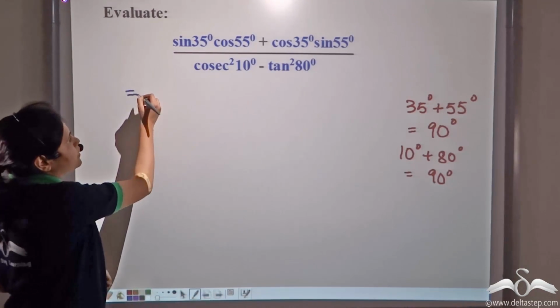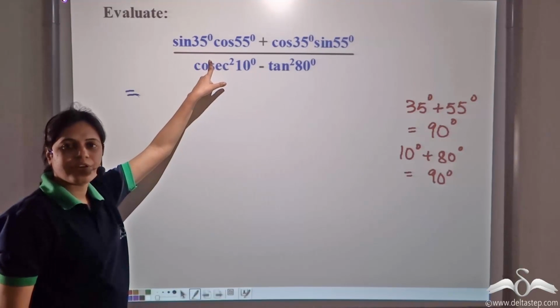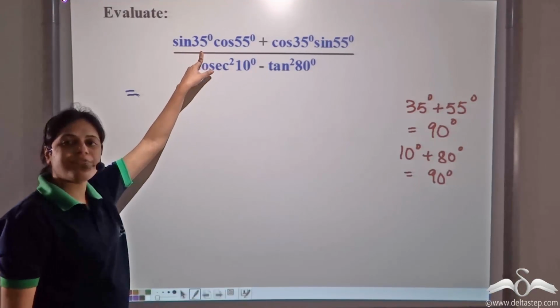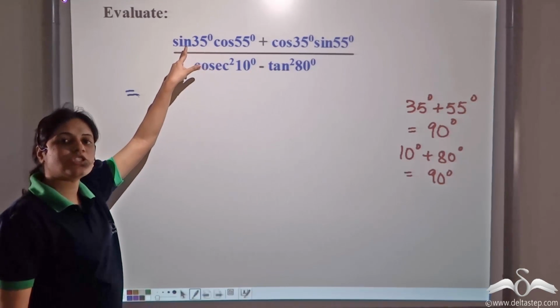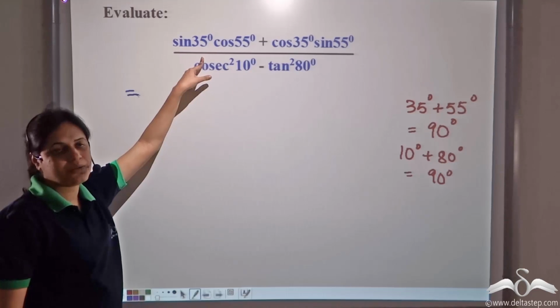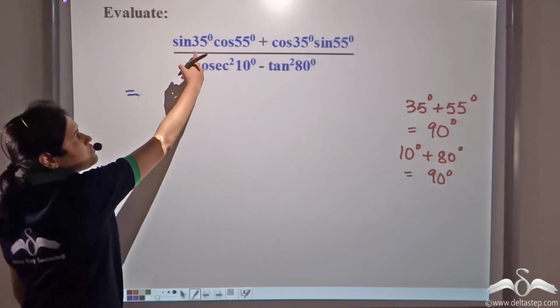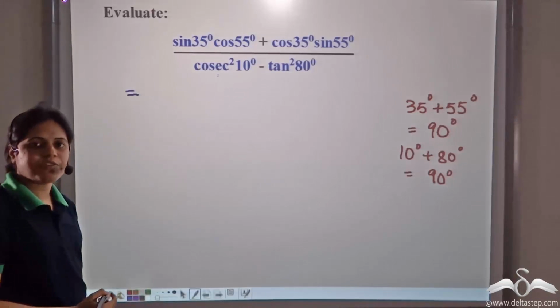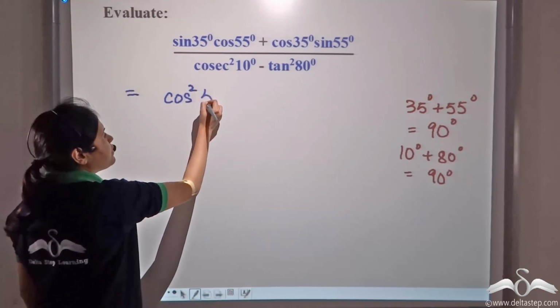This gives us, now sine 35 is cos 55, because 35 and 55 are complementary angles. So sine of an angle is cos of the complementary angle. Sine 35 is cos 55. So we have cos 55 into cos 55, which is cos square 55 degree.